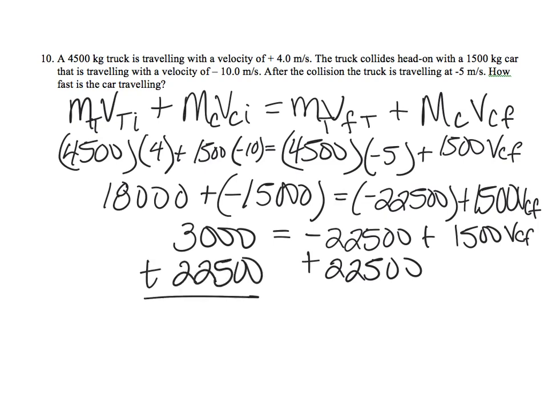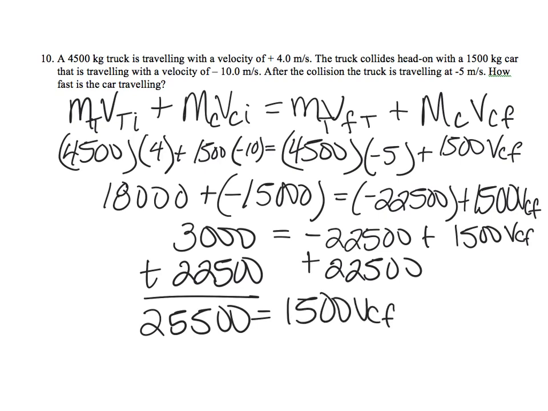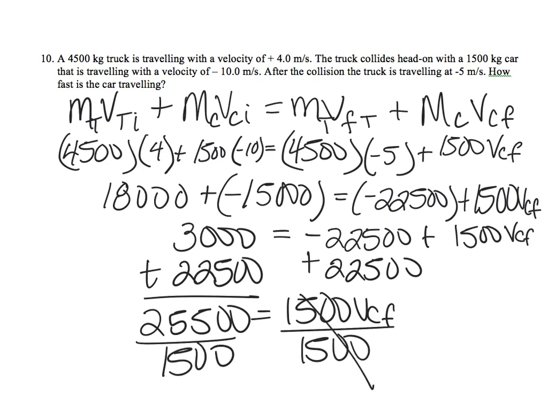And that's going to give us a total of 25,500 on the left equals 1,500 VCF on the right. And then we can divide both sides by 1,500. And that gives us a final velocity for the car of 17 meters per second, right?